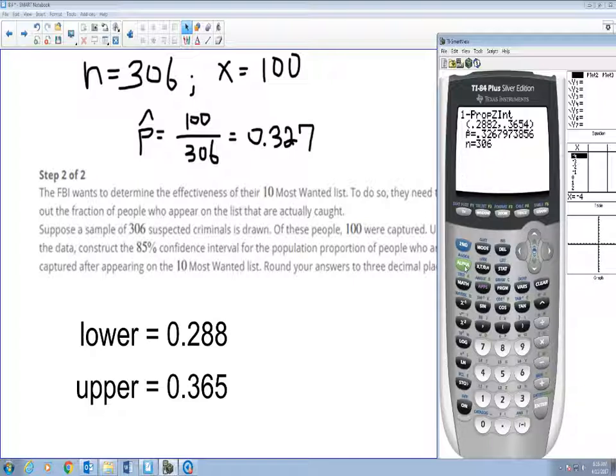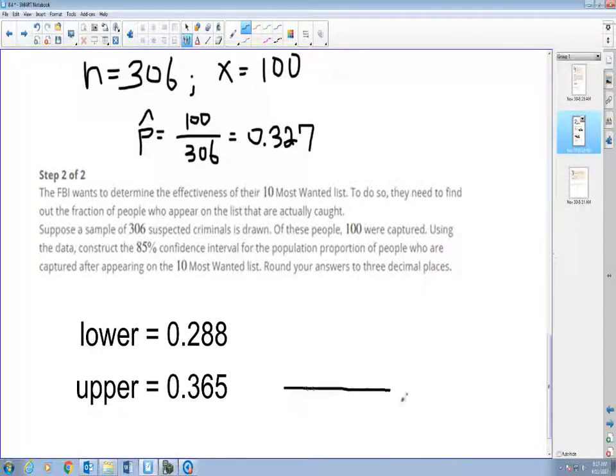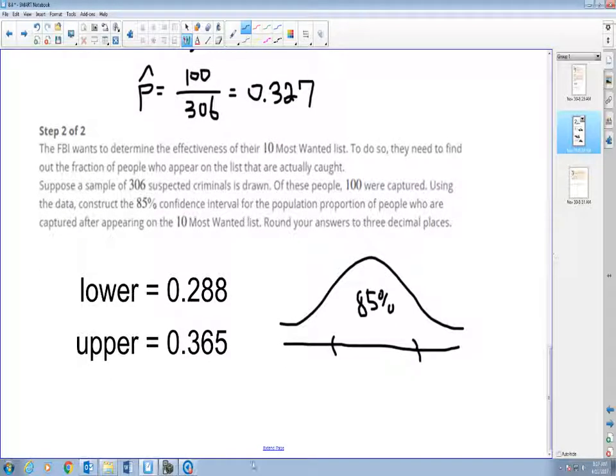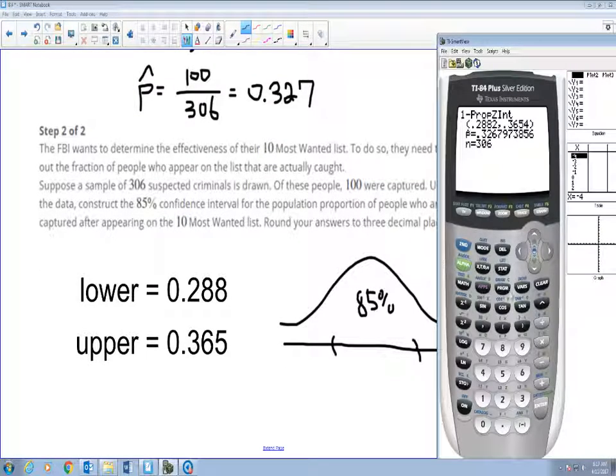See, right now my confidence interval from 0.288 to 0.365 is within an 85% confidence level. Alright, so now what happens if I increase my percentage?